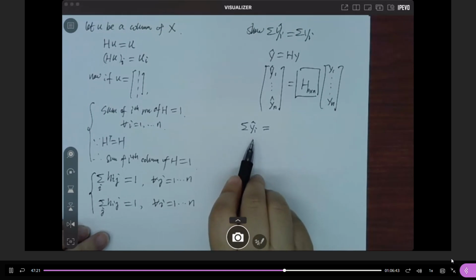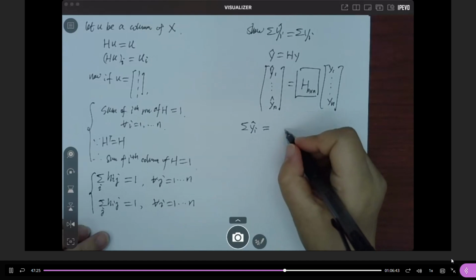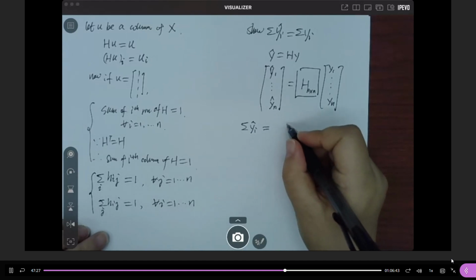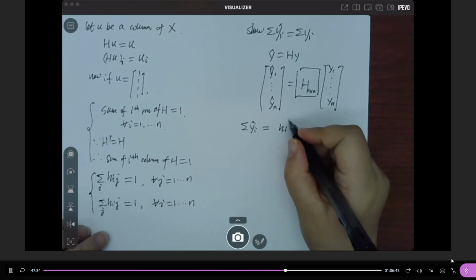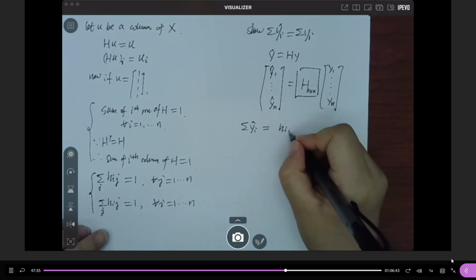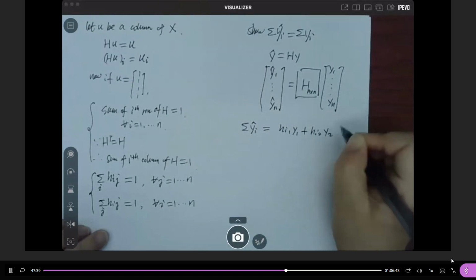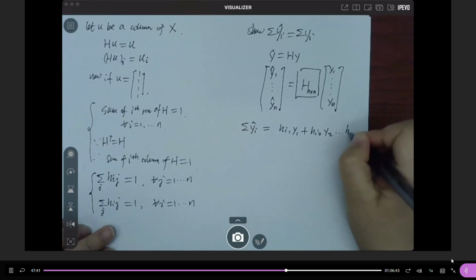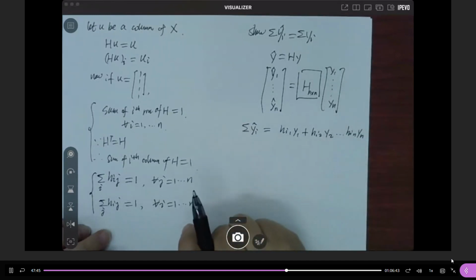Each yi hat here is Hi1 y1 plus Hi2 y2, all the way to Hin yn, right?